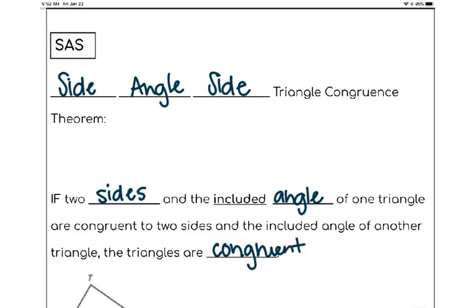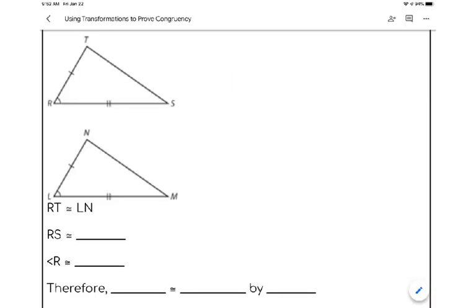So let's try an example. It tells us here that RT is congruent to LN. So we have a side. Now it tells me RS is congruent to, and if you look, it has 2 little lines here telling you that those 2 sides are congruent.